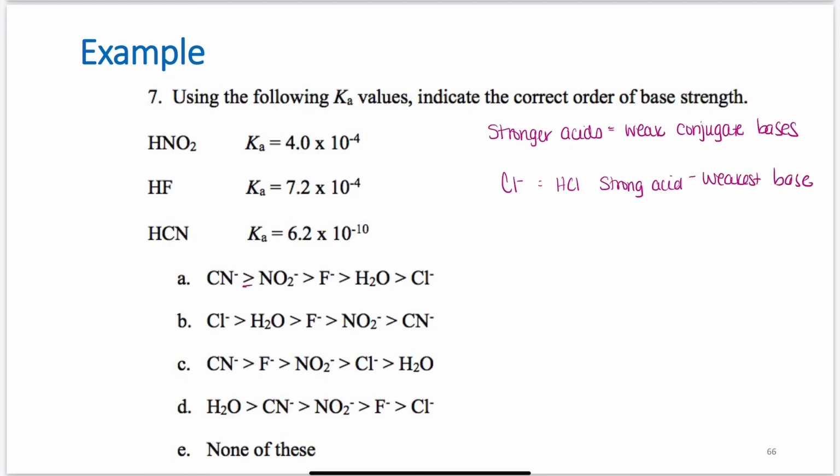The way these arrows are written, the arrows are saying that the one on this side is strongest and this side is weakest. So right away, I can cross out B because I know that Cl minus is not the strongest base.